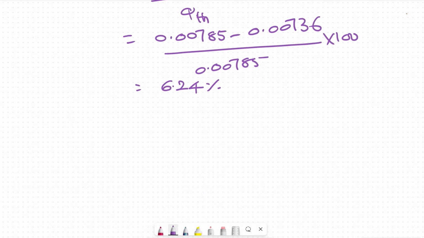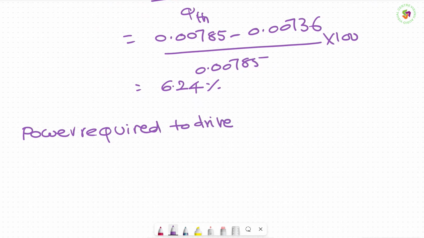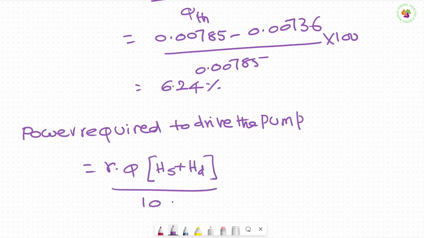Then what is the third question he has asked? Theoretical discharge is over, percentage of slip is over, then the power required to drive the pump. Power required to drive the pump, as I already mentioned, is gamma into Q into HS plus HD. If you put it this way, you will get work done, divided by 1000.